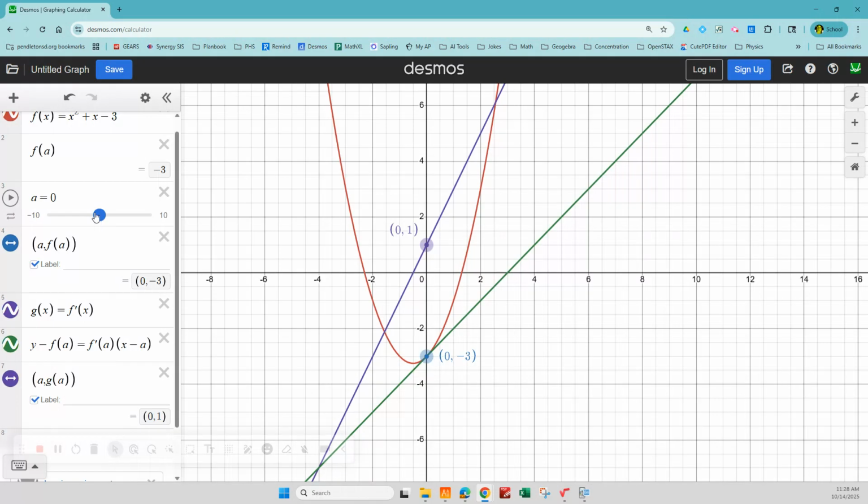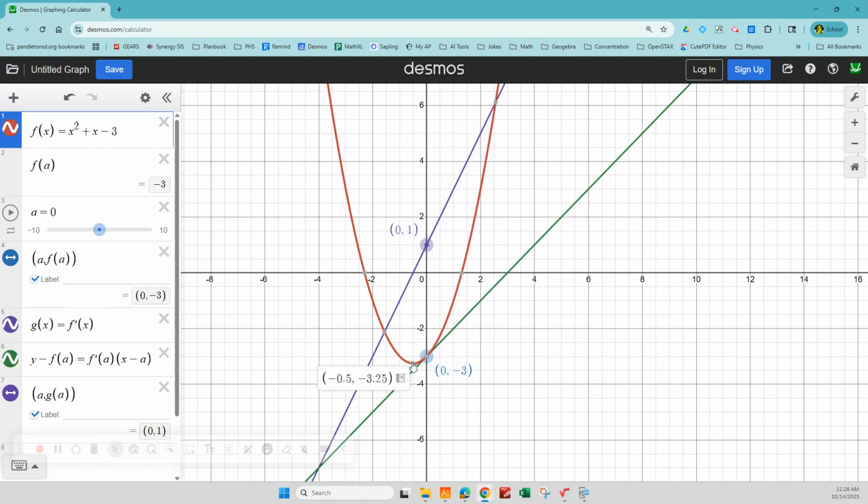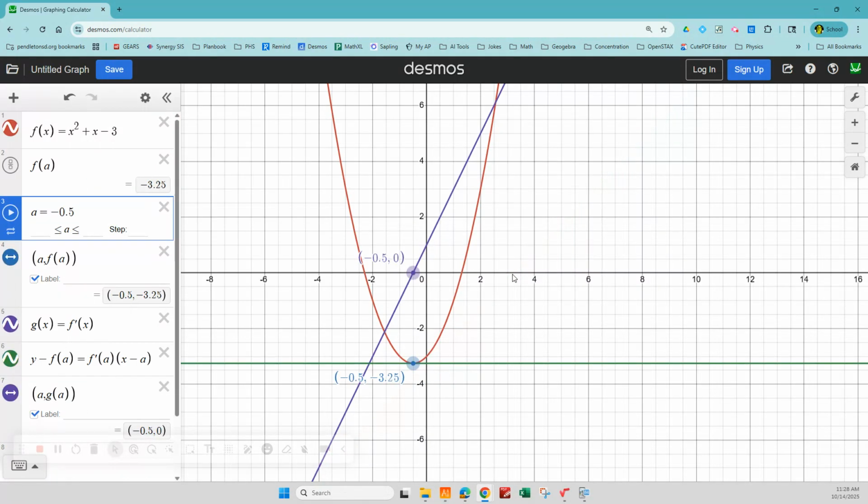Okay? Well, notice what happens when we let a equal, let's see, where's the vertex of this red graph? It occurs at negative 0.5. Okay, well, let's let a equal negative 0.5. Hey, what do you know? The value of the derivative is 0 there.